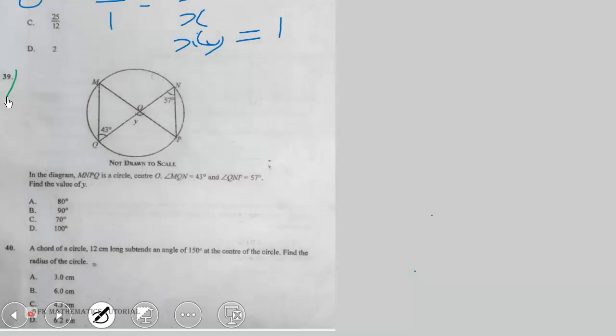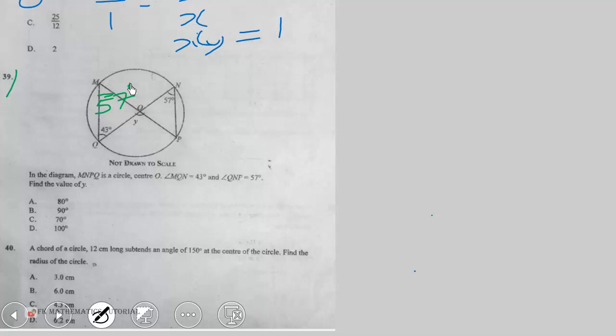And here, in the diagram, MNPQ is a circle, center O. Angle MQN is 43 degrees, and angle QNP is 57 degrees. Find the value of y. Because these are angles in the same segment, this one will be 57 degrees.